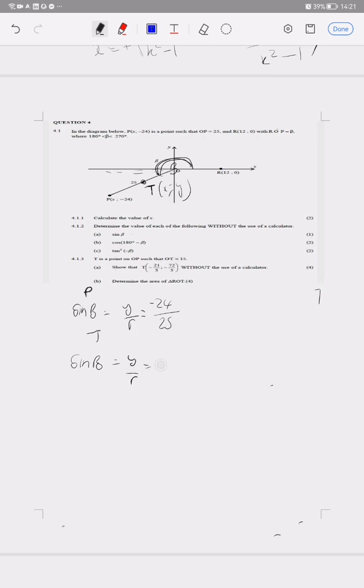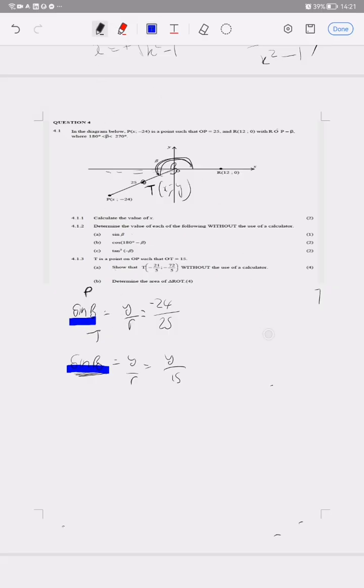They gave us the r, so it's y over 15. So I'm having two sine betas giving me two different things.